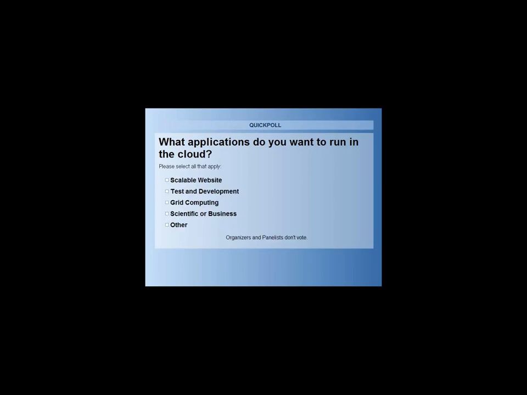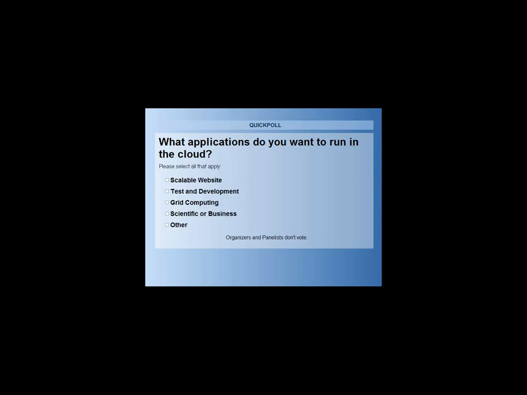Okay, so we assume that a lot of you, because the topic here is test and development, are interested in that. But we also wanted to find out what else you might be interested in. So you might be looking at putting a website on the cloud that can scale with demand, or doing some processing using our grid computing option.